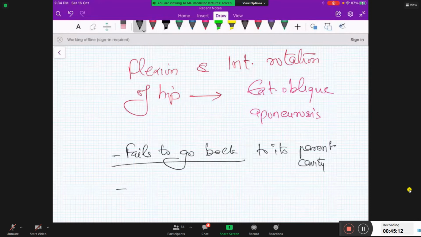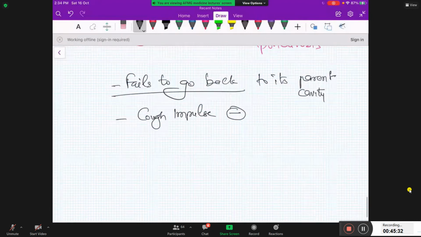And in irreducible hernia, cough impulse is absent. Impulse on coughing will be absent, right?